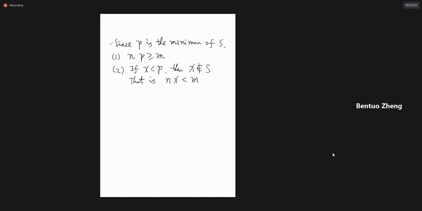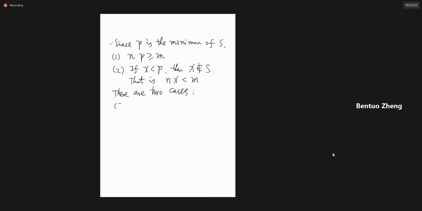So in this situation, we have the minimum of S and the two properties for this minimum. Now there will be two cases.